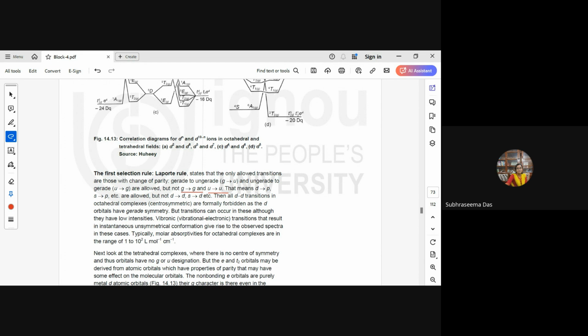This means that d to p, that is a transition from a d orbital to a p orbital, and s to p are allowed, but d-d and s to d transitions are not allowed. So the d-d transitions that we have come across in octahedral complexes are not allowed as per the Laporte rule.